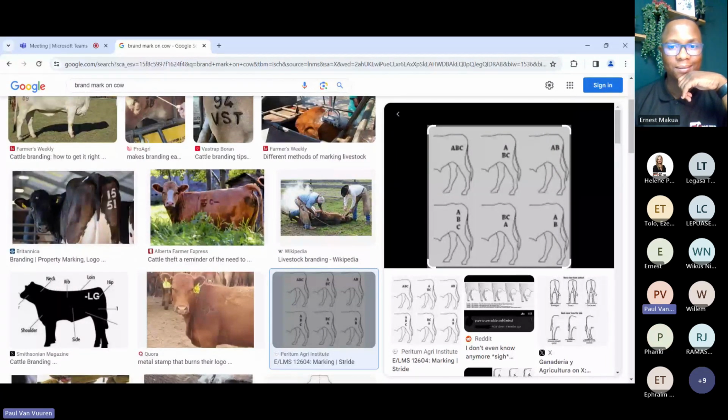Now that ABC must be as low as possible, nearly where the leg is. If I can show you there, can you see my little marker there, a little bit lower? Yes. The ABC, if you can brand it there, a little bit higher, but in that vicinity, that's where you have to brand mark your animals.